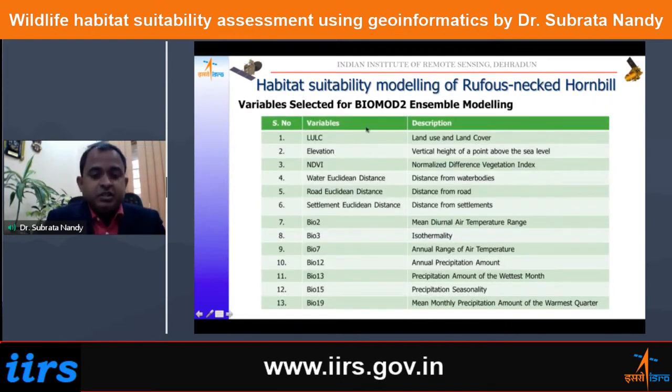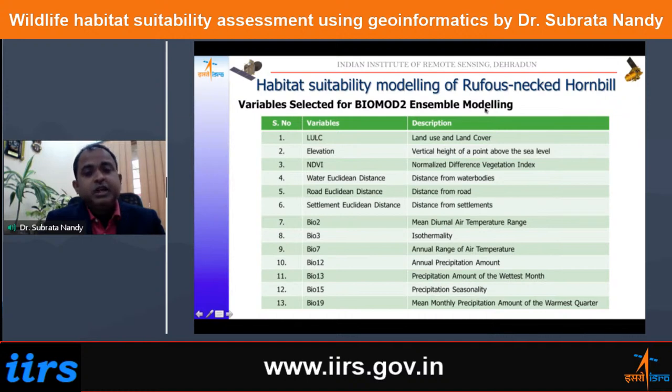So out of all these 26 variables, these many variables were selected, which are uncorrelated. You can see from 19 variables, we could get only 7 variables. So others were highly correlated.